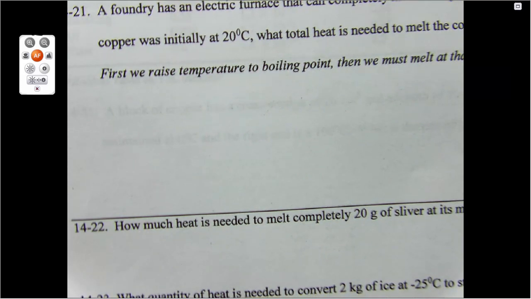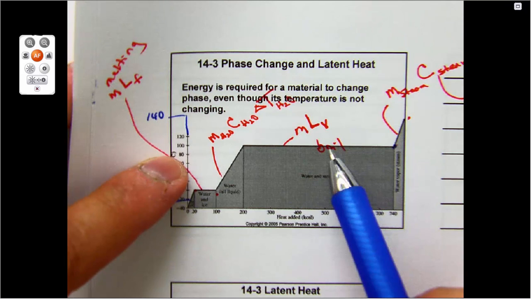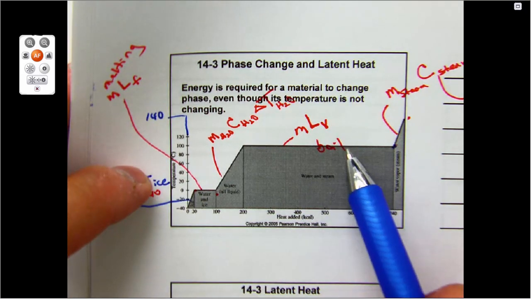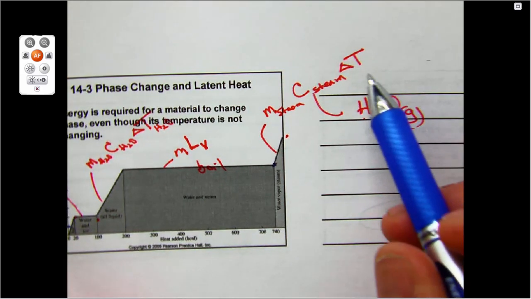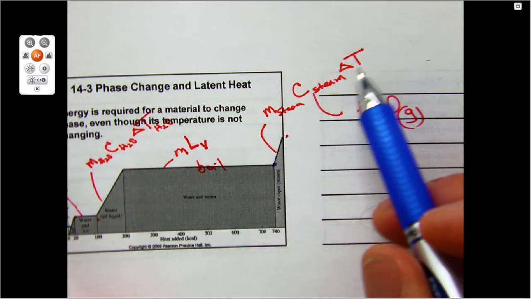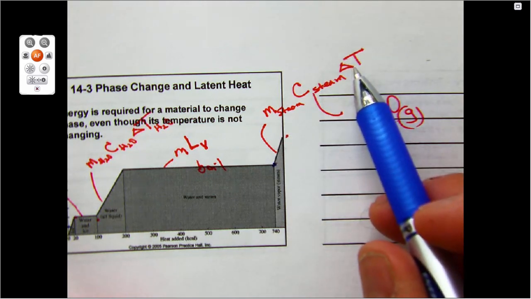Yes, you'd stop. It's going to be this one right here. It's your last one because you've actually boiled it away, so you should have steam at 100. If you said steam at 101, then you're going to have to add 1 degree onto this and do this calculation. You'd have to do this step here and make this 1 degree.